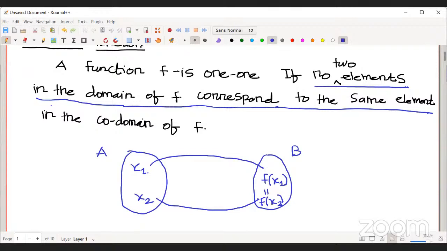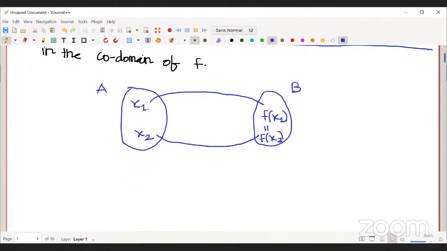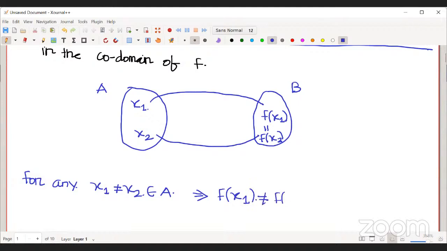We can write it in some other way also: for any two elements in my domain, if I pick x1 not equal to x2, then their images are also different. If a function satisfies this condition, then I say my map is a one-to-one map.